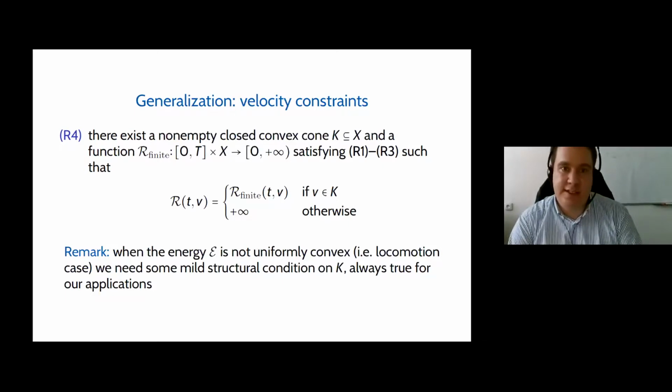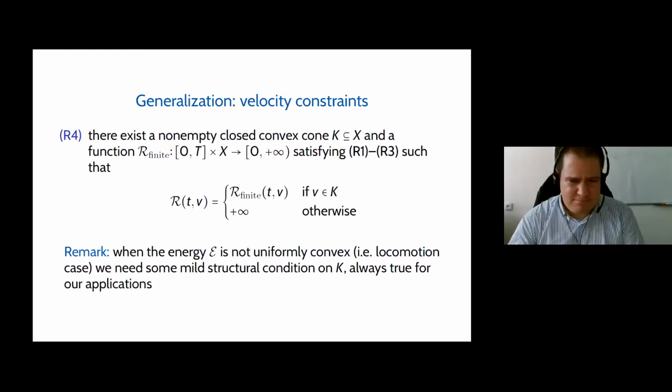There is another thing that survives, and it is constraint. In this case, we did our theorem also considering constraints on the velocity. This is equal to assuming that the dissipation potential is a dissipation potential as in the previous slide in a closed convex cone and plus infinity outside the cone.